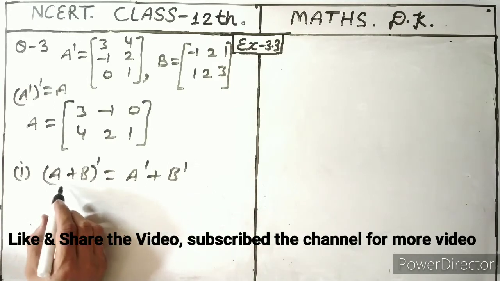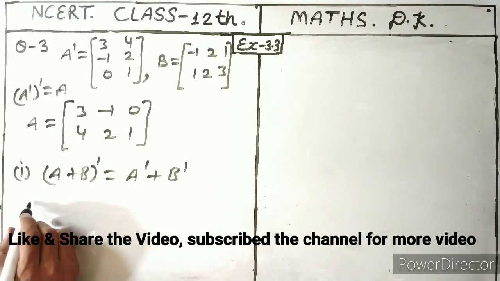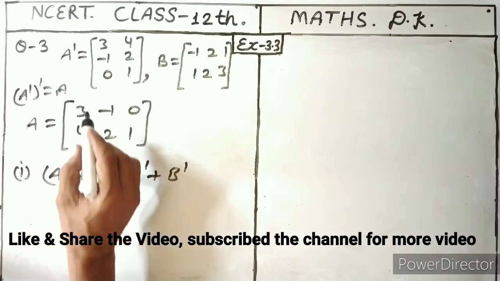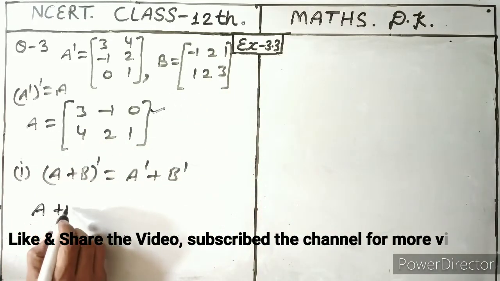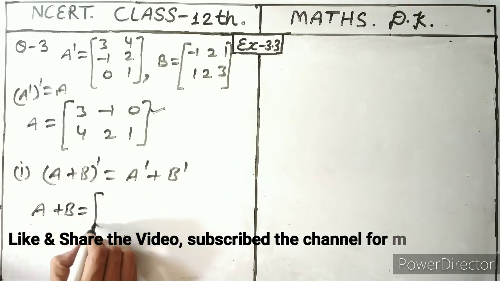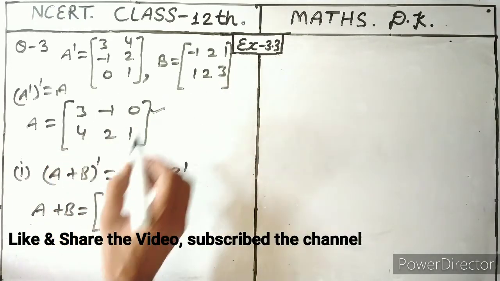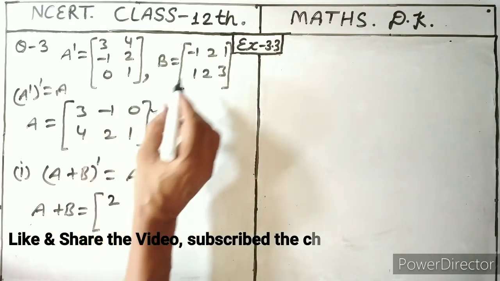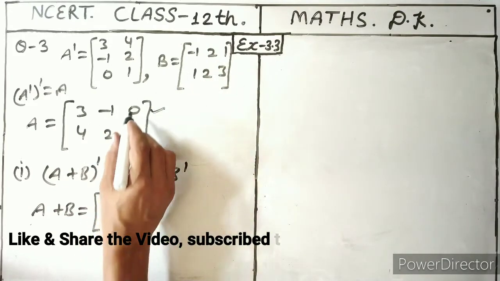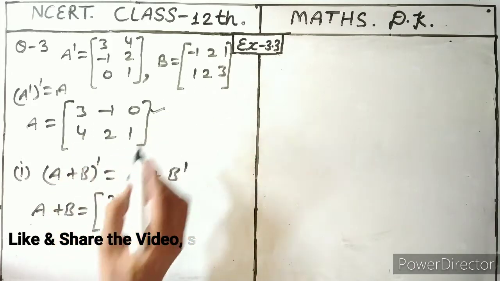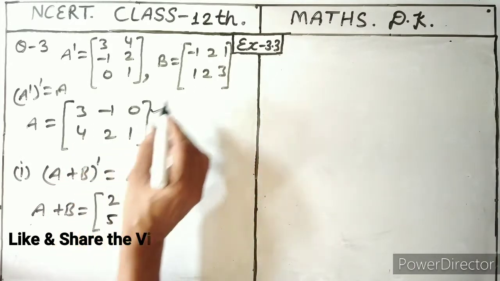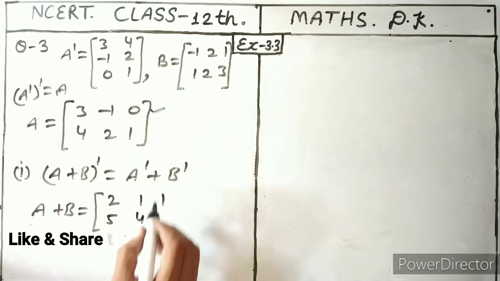At first we find out A plus B. A plus B means this is A and this is B. A plus B is [3 -1 2; -1 2 1; 0 1 1] and [4 1 5; 2 2 4; 1 3 4].